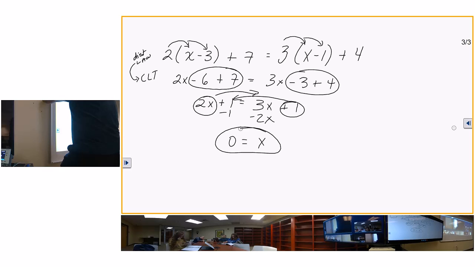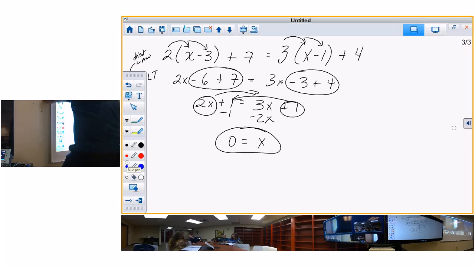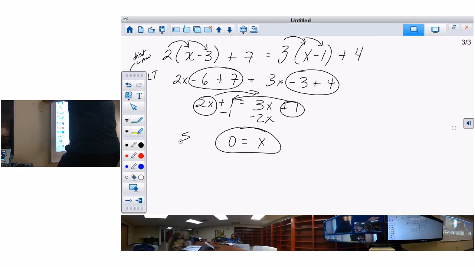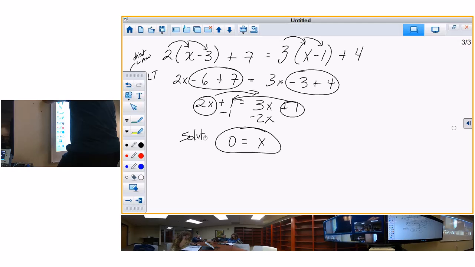Now, let's talk about something. What happens when you get an answer that doesn't make sense? This is a solution. Write that down. What does that mean? That means if I plug in 0 to that equation, I'm going to get a true statement. So, if I plug in 0, 0 minus 3 is negative 3, negative 3 minus 6 plus 7 is 1.